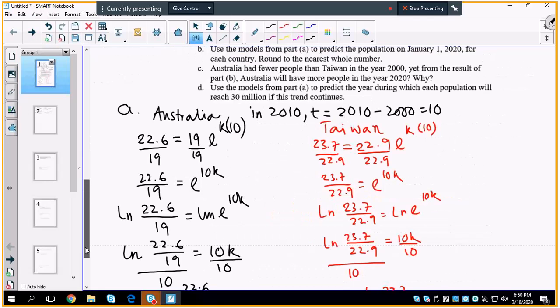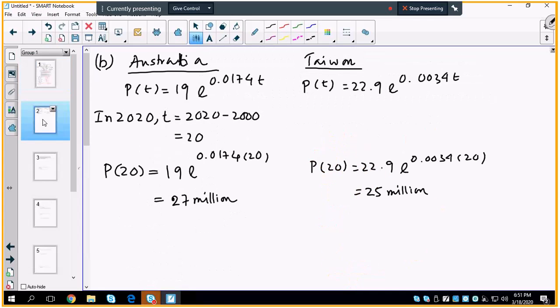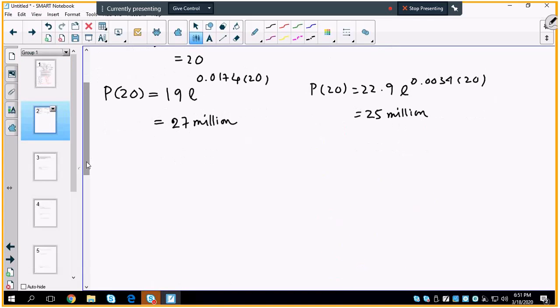Part C is asking you, Australia had fewer people than Taiwan in 2000. That's true, because Australia had 19 million people and Taiwan had 22.9 million people. Yet, from the result of part B, Australia will have more people in 2020. Why? The result indeed says so. Australia will have 27 million and Taiwan will have 25 million. Why is this true?